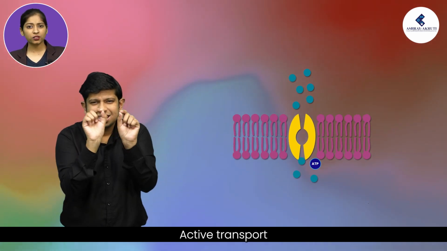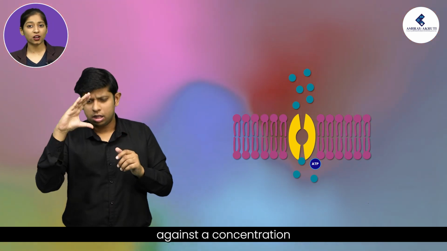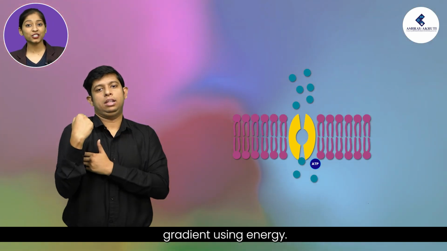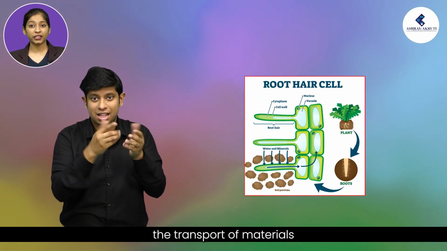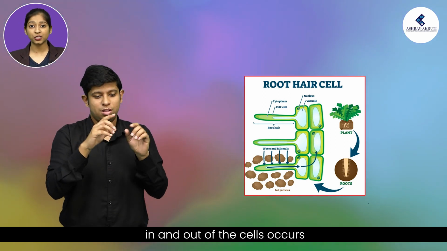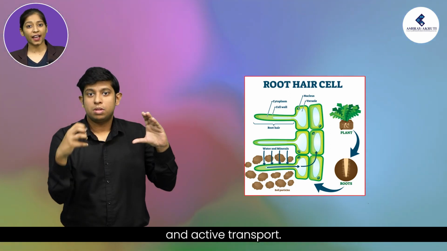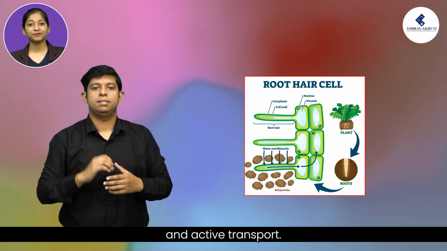Active transport is the transport of molecules against the concentration gradient using energy. In plants, the transport of materials in and out of the cells occurs by diffusion and active transport.